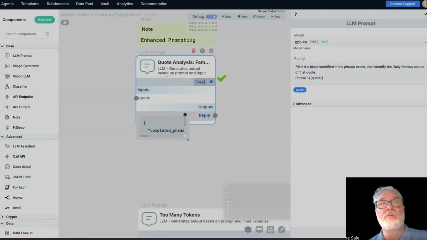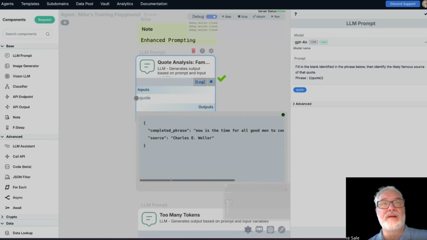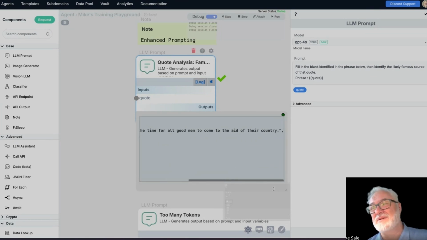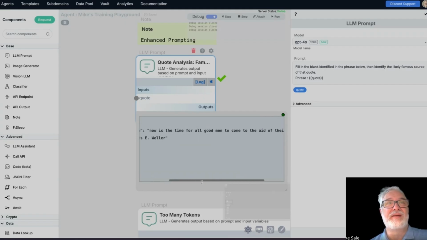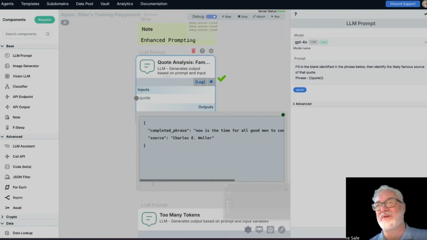But now what you can see is the output is different. And not only that, the LLM has done its wild and interesting thing and actually identified a source a little differently. And this is what my friend Rich calls the stochastic nature of LLMs. So here's the completed phrase, and here's this.